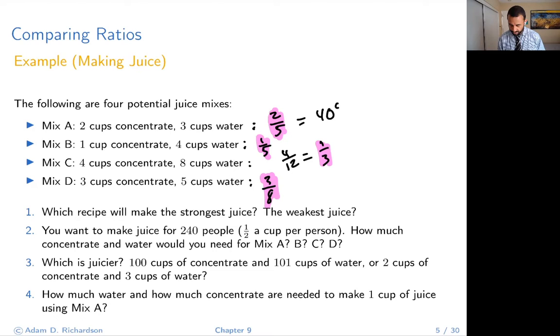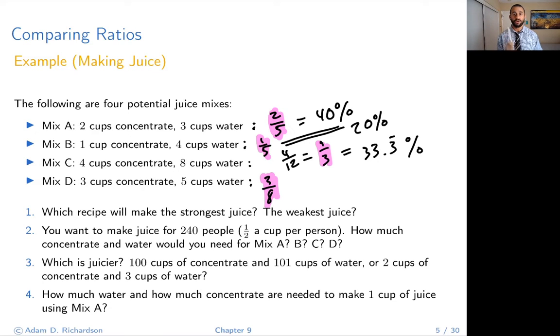2/5 is 40%. And I'll let you try to calculate that if you'd like. 1/5 is 20%, because 5 20s will fit into 100. And then 1/3 is 33.3 repeating percent.